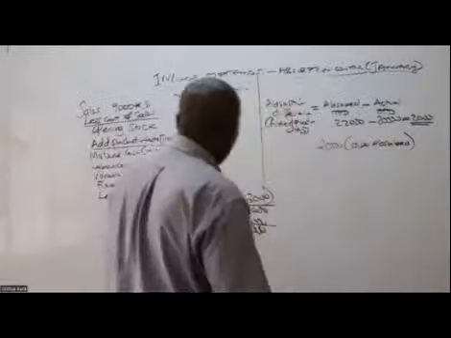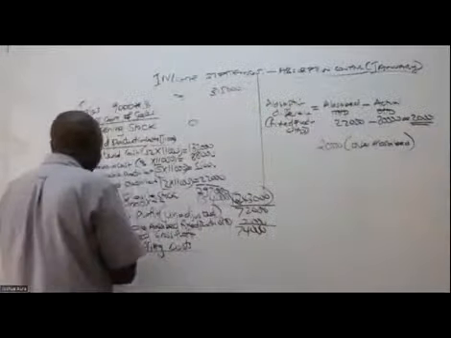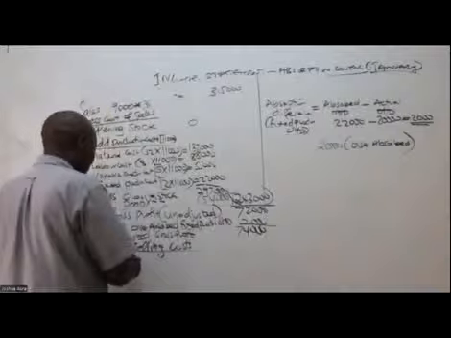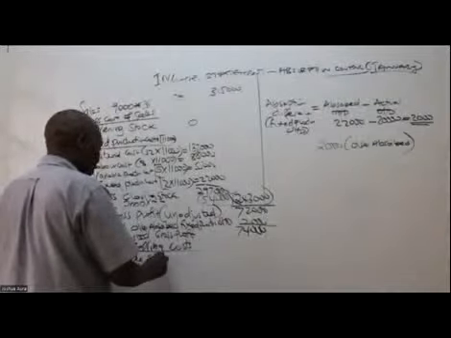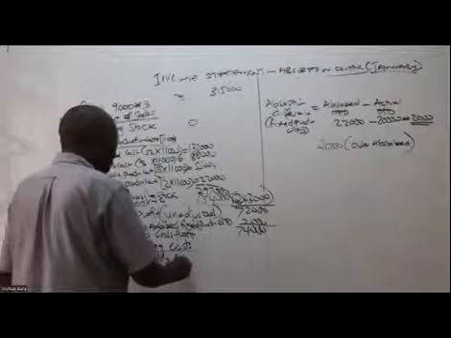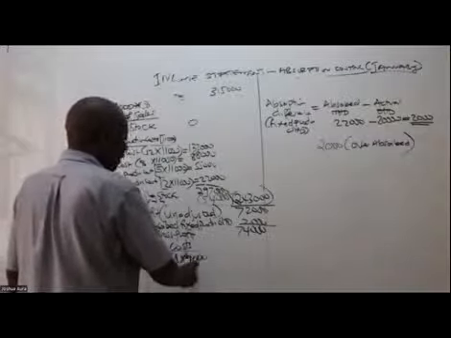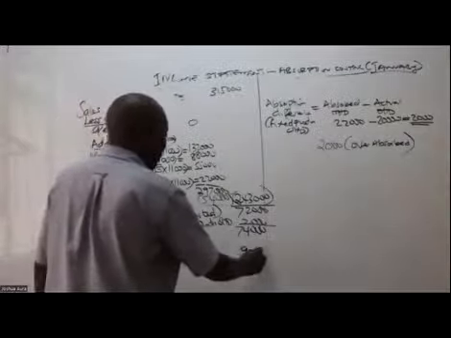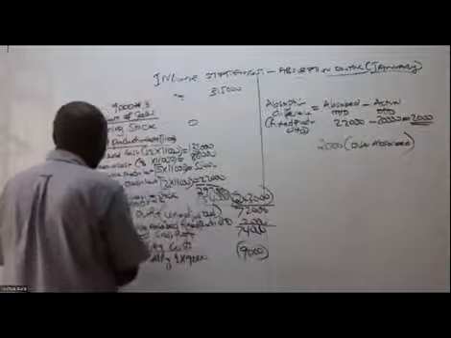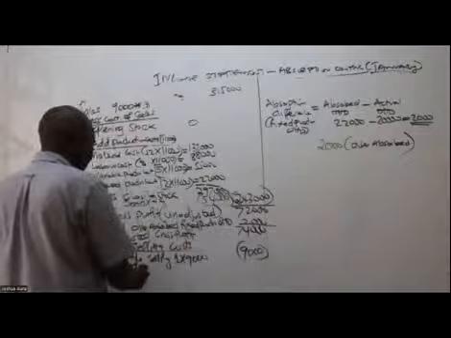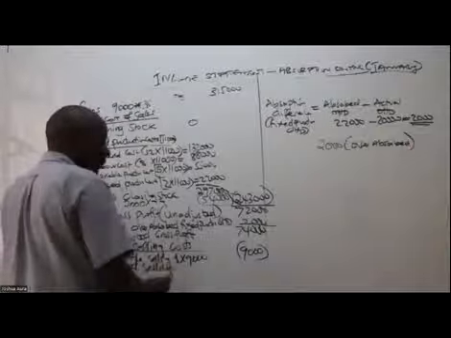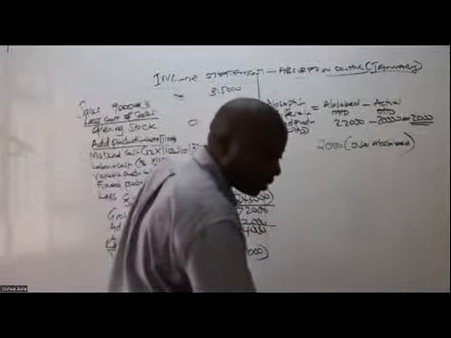So we have the variable selling. The variable selling will be $1 times 9,000. This gives me 9,000 bob. And then we have the fixed selling.